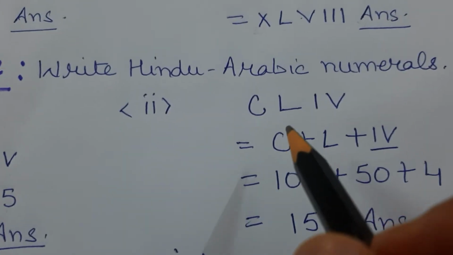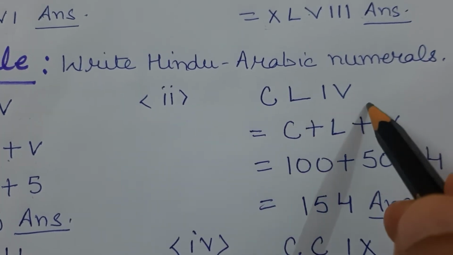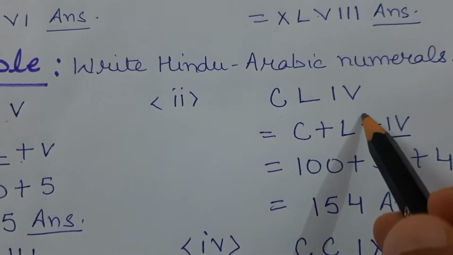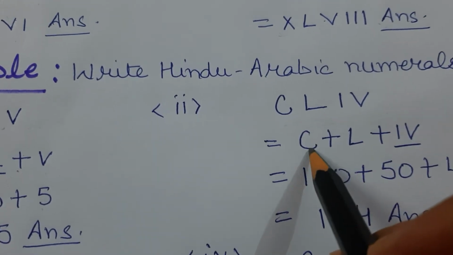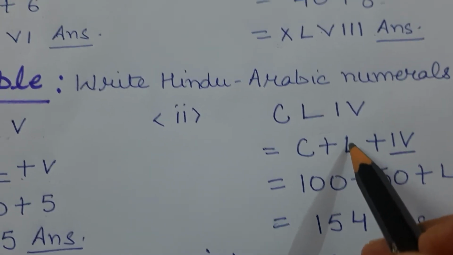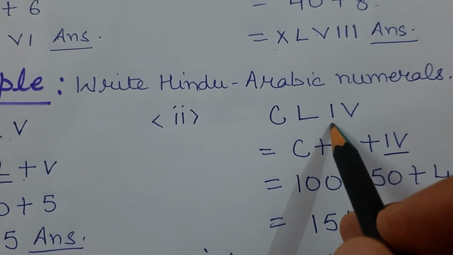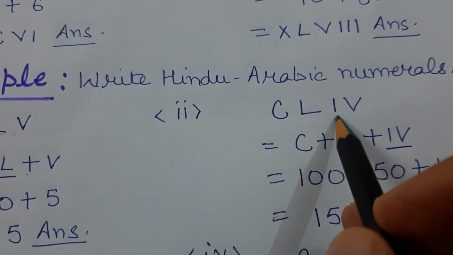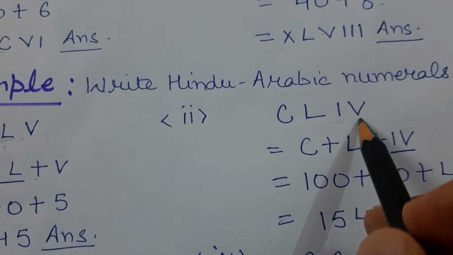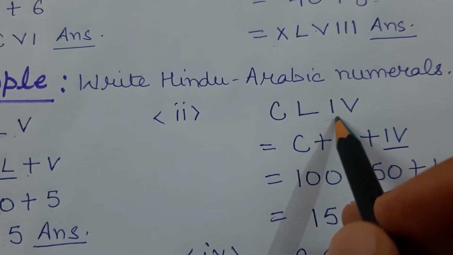Next, CLIV. Again you will check. All the symbols should be in descending order. This is 100, this is 50, and this is 1, and this is 5. Here 1 is not in sequence, which means it will be subtracted from the symbol written just after it.